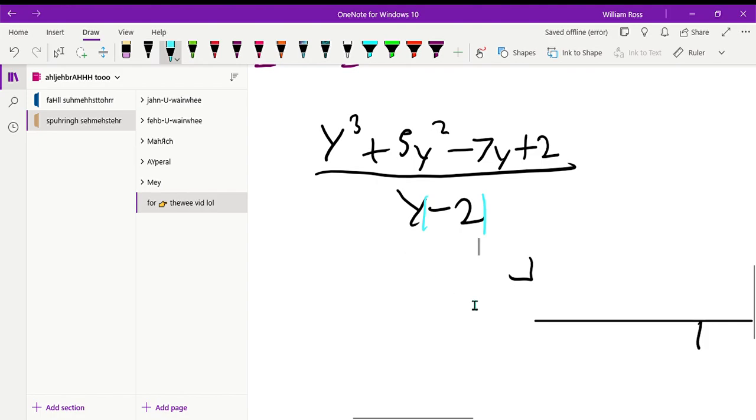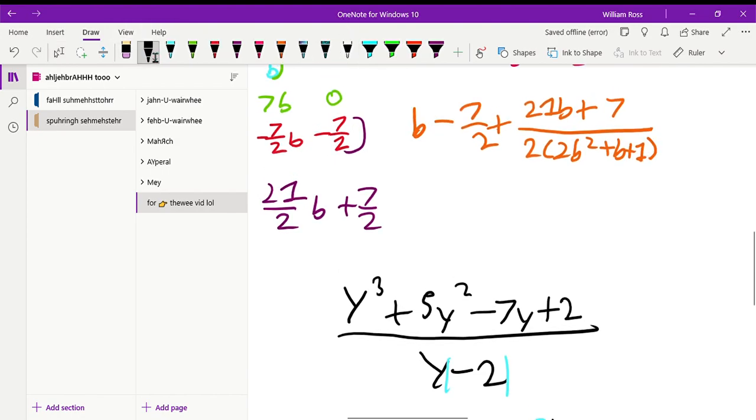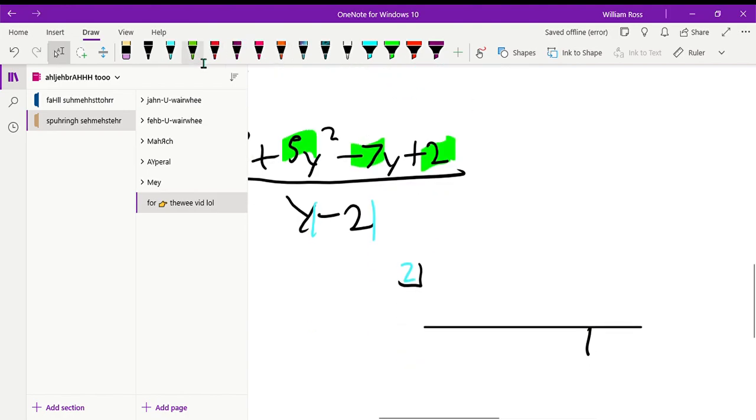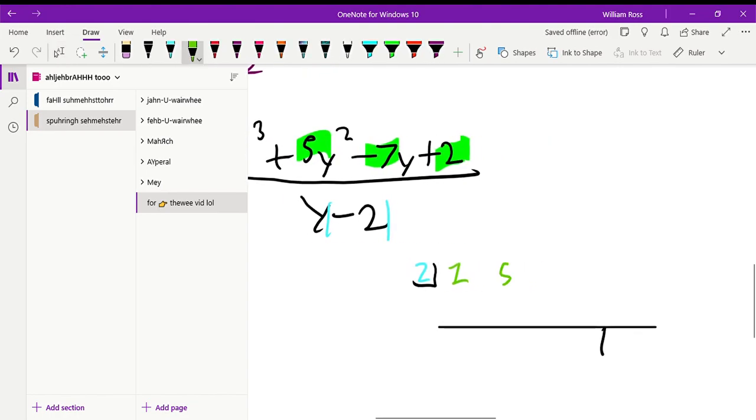So absolute value of -2 will become 2. We added 1 here for reference. So transfer these numbers, numerator numbers if you want. So that'll be 1, 5, -7, and 2. Let me just move this. There we go.